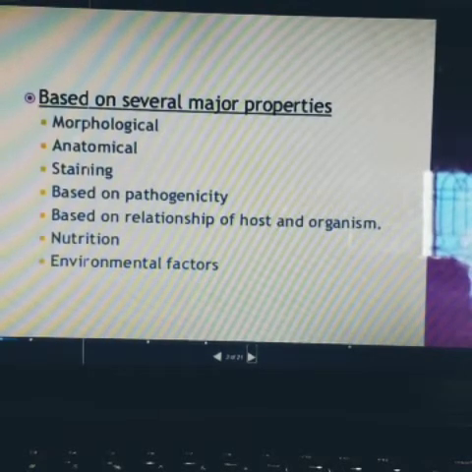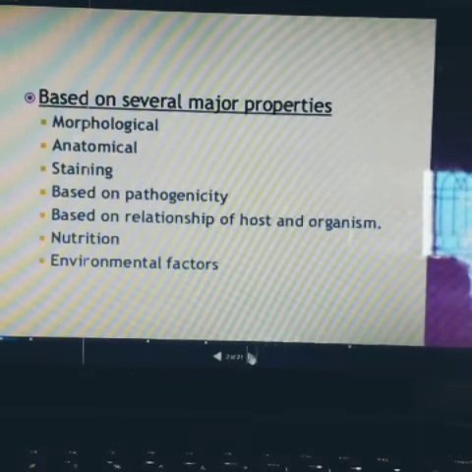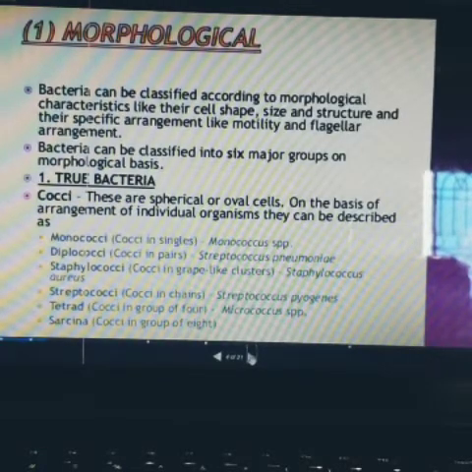Those are involved in classifying bacteria. Keep it in your mind. Next we learn about the first one, the morphological factor.